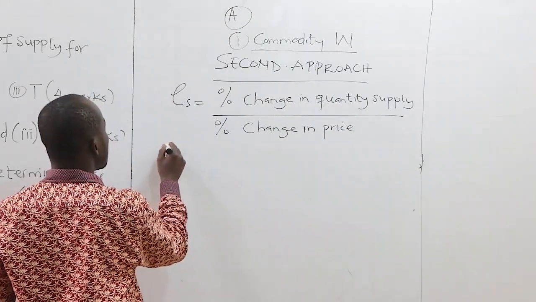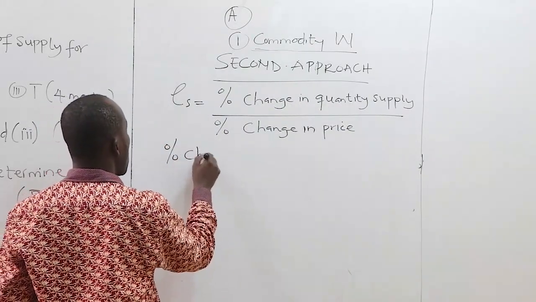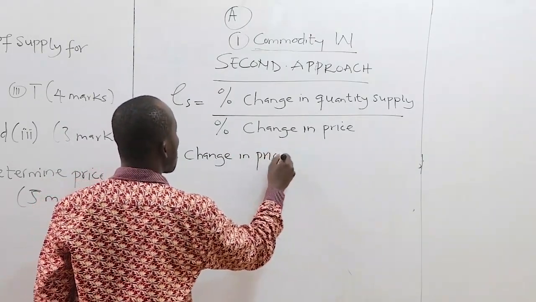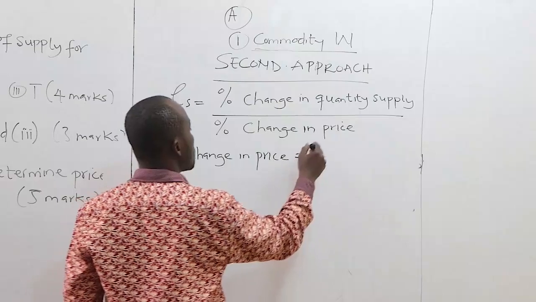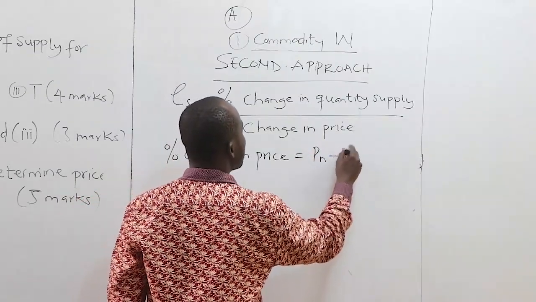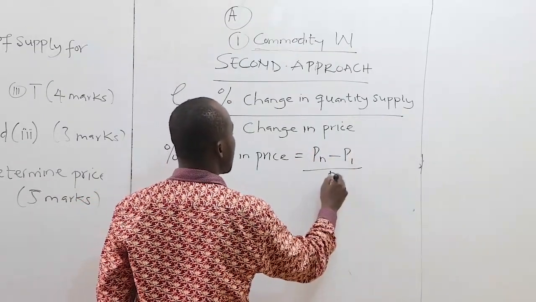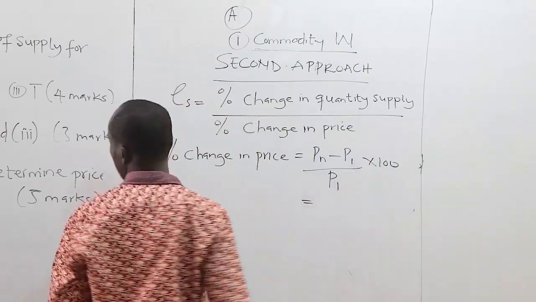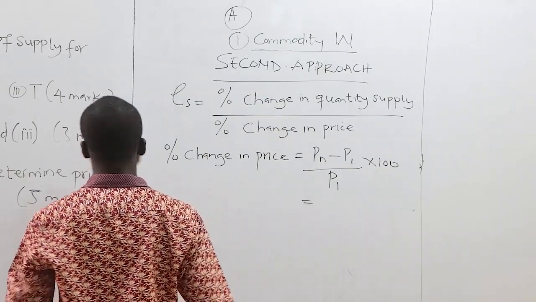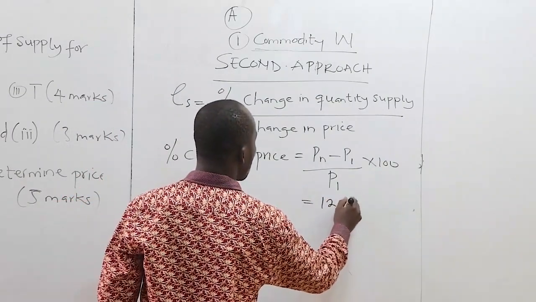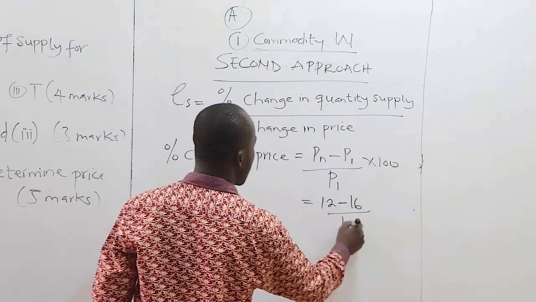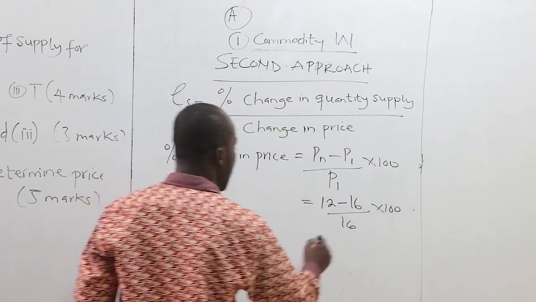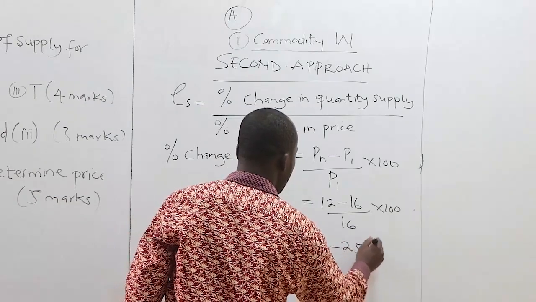The percentage change in price is equal to the new price minus the initial price divided by initial price times 100. What's the new price? From the question, the new price is 12. The old one was 16, divided by 16 times 100. When you use the calculator, you're going to get negative 25%.